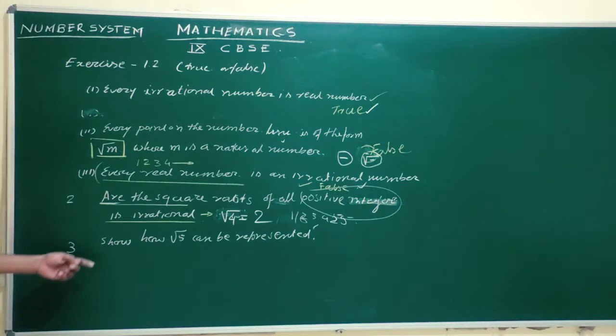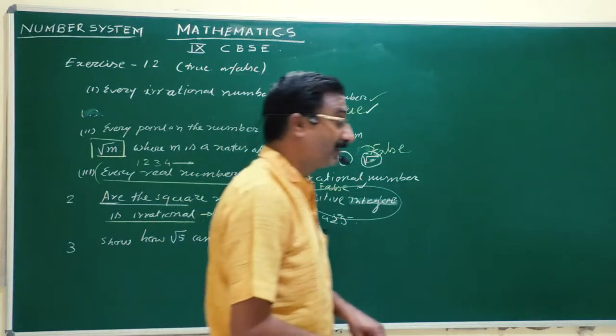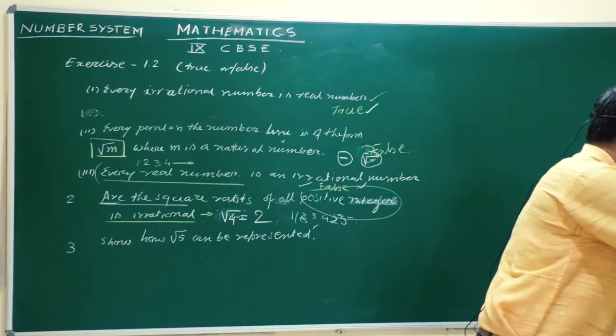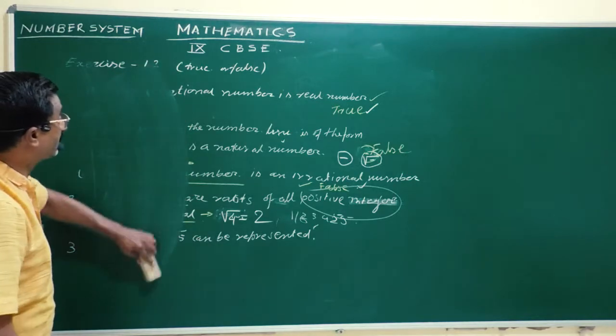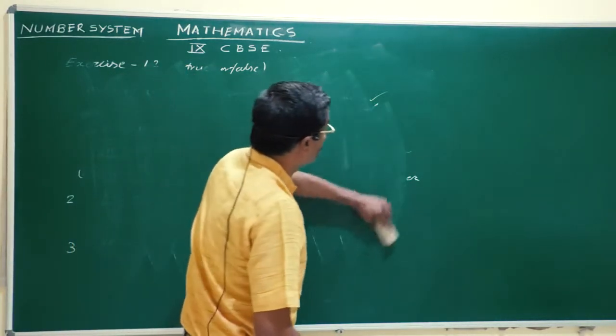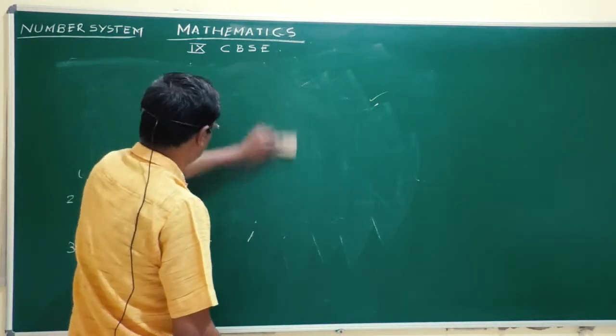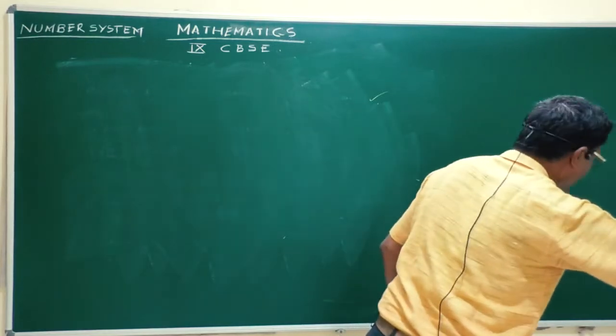Now the third one, show how under root 5 can be represented on the number line. So for this we will use what we have solved previously, but again I will explain. I will start from under root 4, that is under root n minus 1.